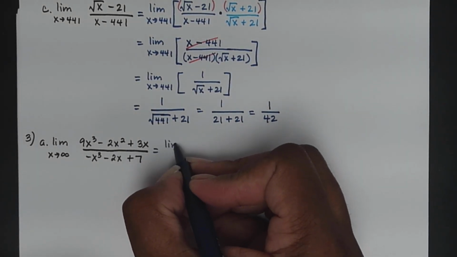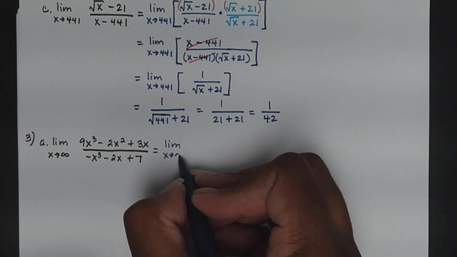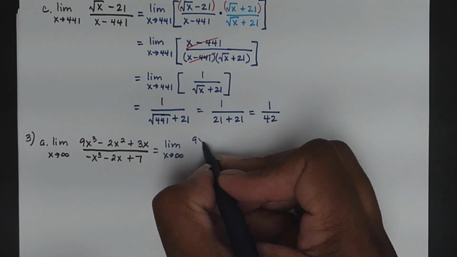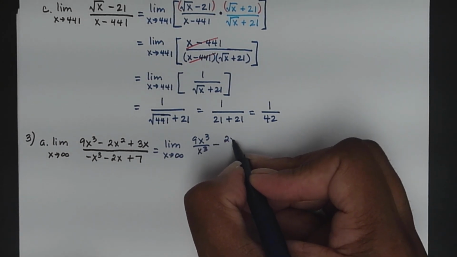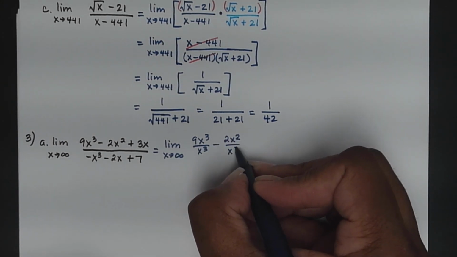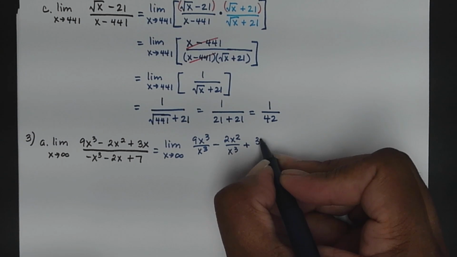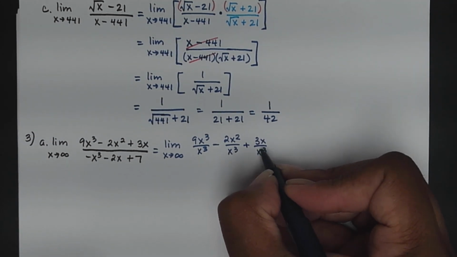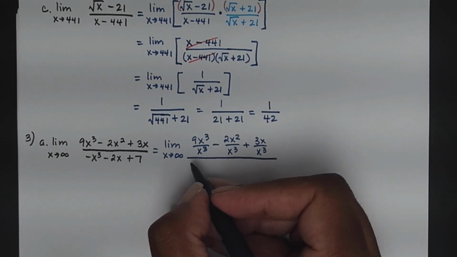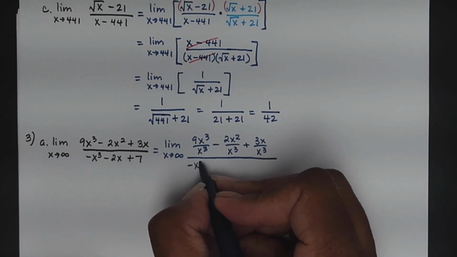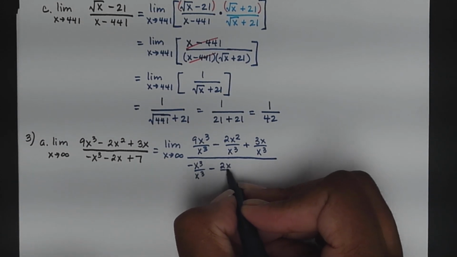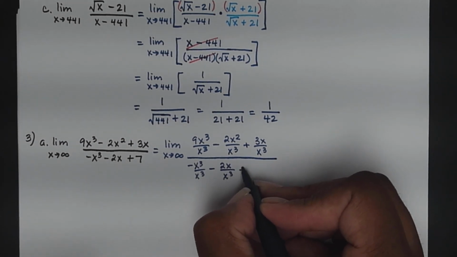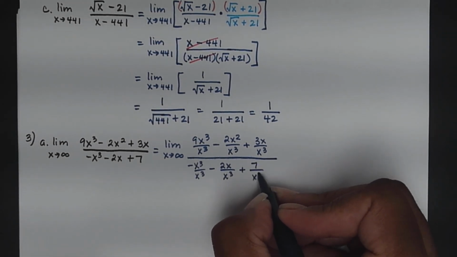The limit as x approaches infinity of 9x cubed divided by x cubed minus 2x squared divided by x cubed plus 3x divided by x cubed, divided by negative x cubed divided by x cubed, minus 2x divided by x cubed, plus 7 divided by x cubed.